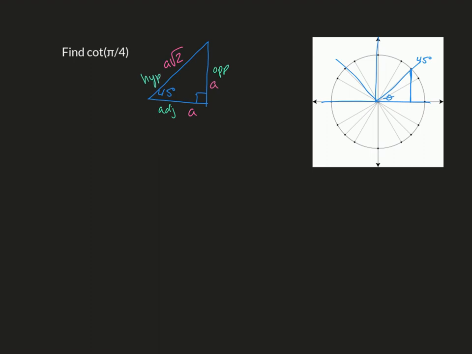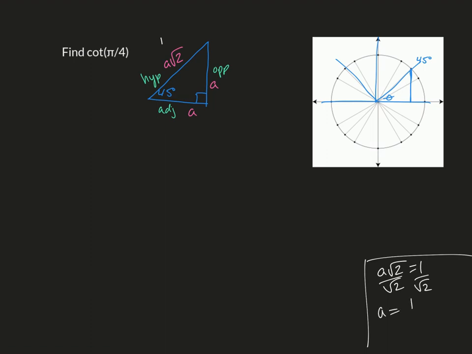Hopefully you remember from our last lesson, the hypotenuse is always a certain value on the unit circle, and that value is 1. So just like before, I'll do it over here in the corner. I know that A times root 2 equals 1 because the hypotenuse has to be 1. Then I'm going to divide by root 2 on both sides.